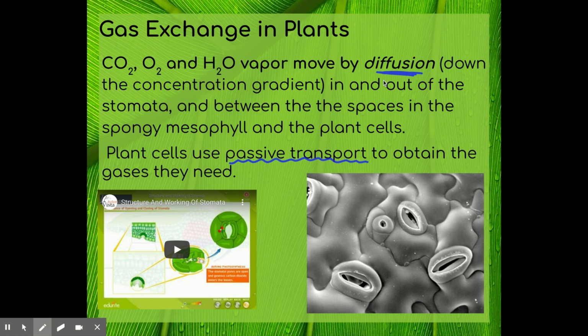These gases move in and out of the stomata, which are those little holes on the underside of your leaf. And that's how they go in and out of the leaf. And then they also move between the spaces in the spongy mesophyll, which is that middle section, and the other plant cells.